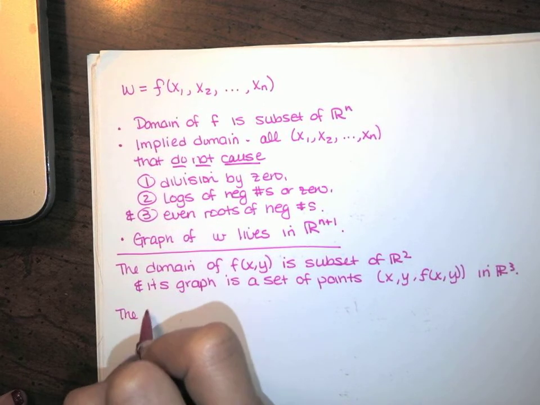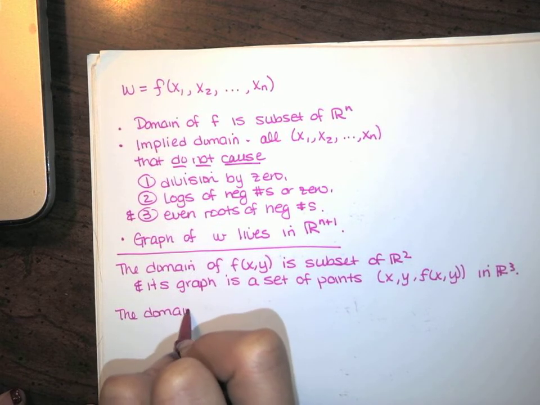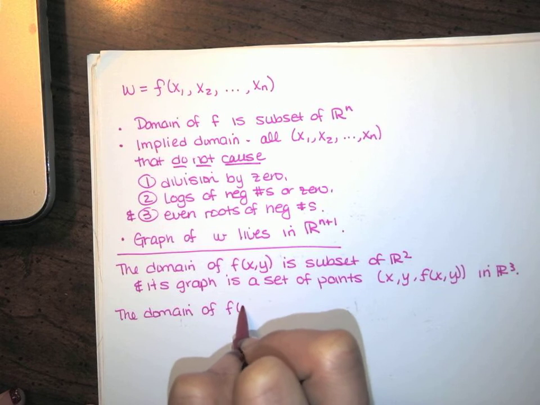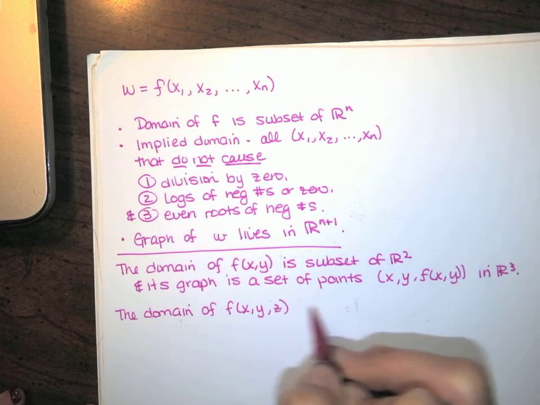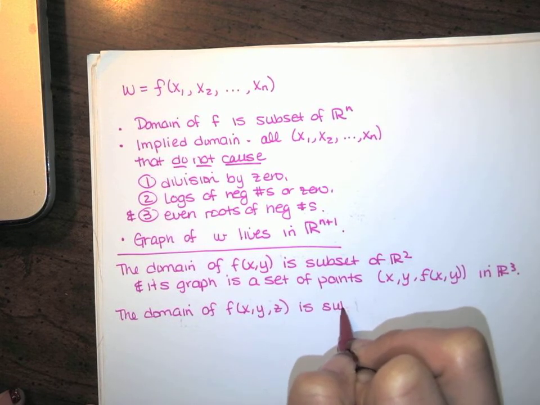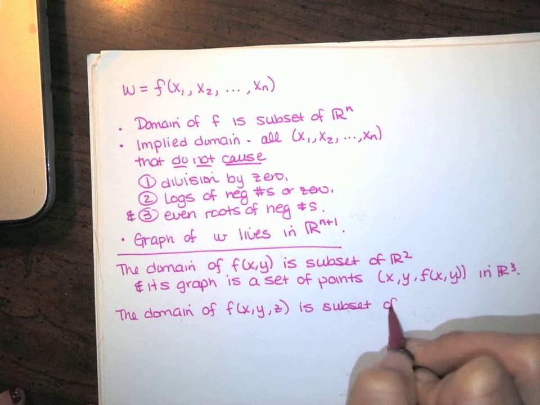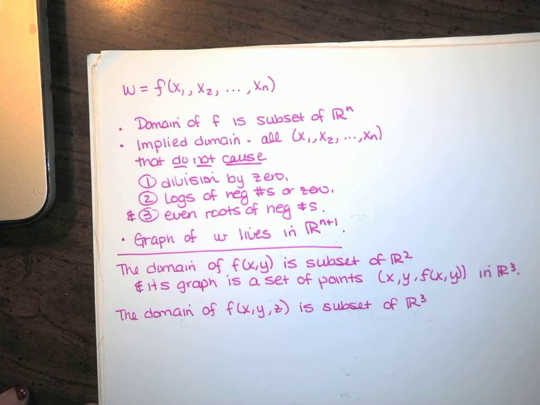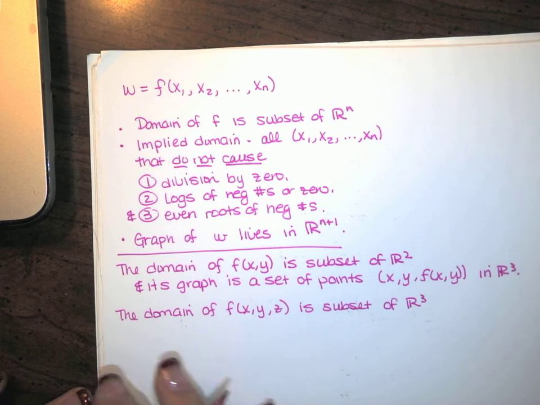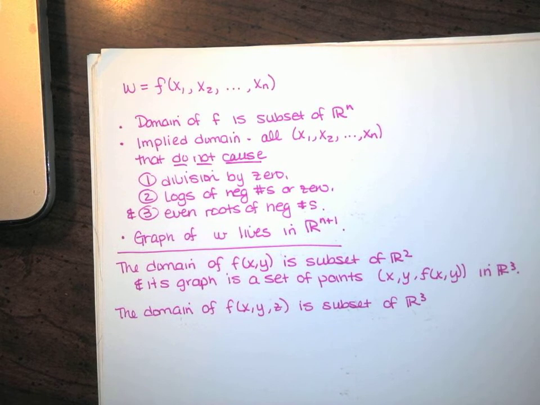The domain of a function of 3 variables is a subset of 3-dimensional space. So this is going to be defined for some regions in 3-dimensional space. And those are probably going to be solid regions. For all x, y, and z within some region, our function is going to be defined.